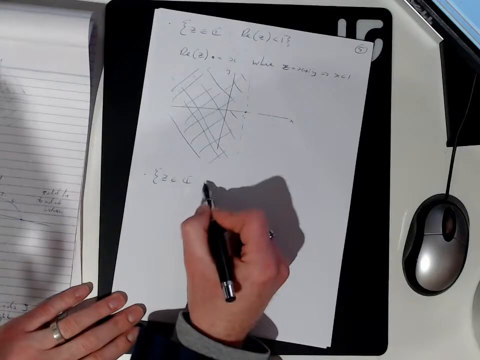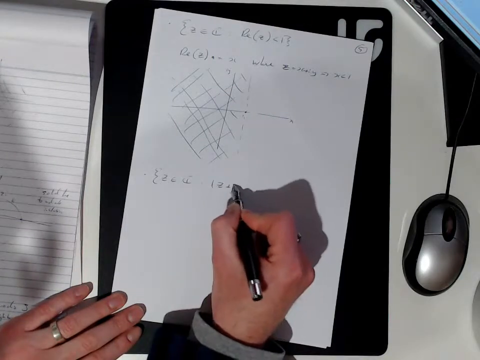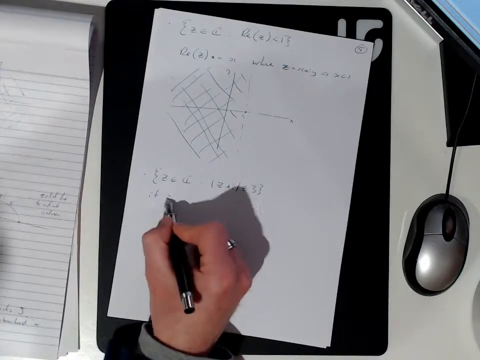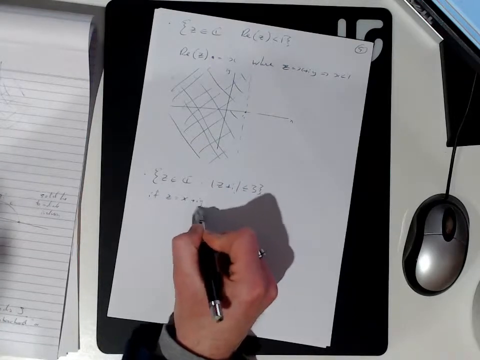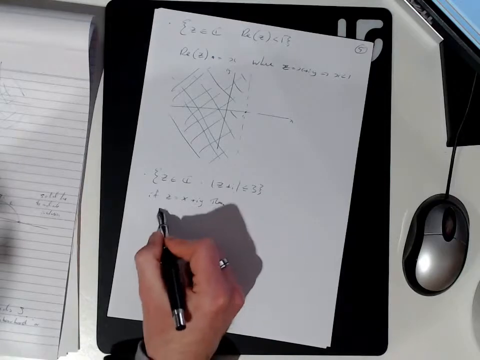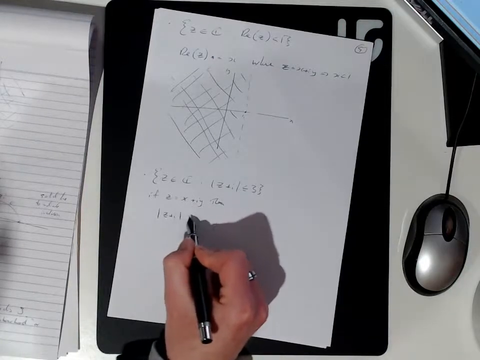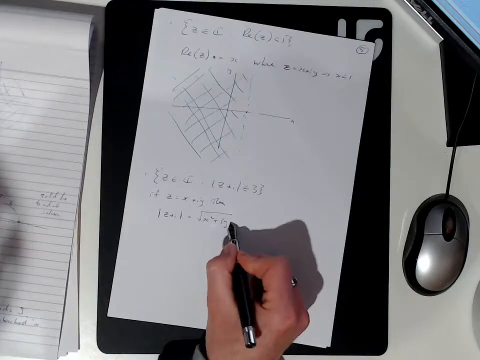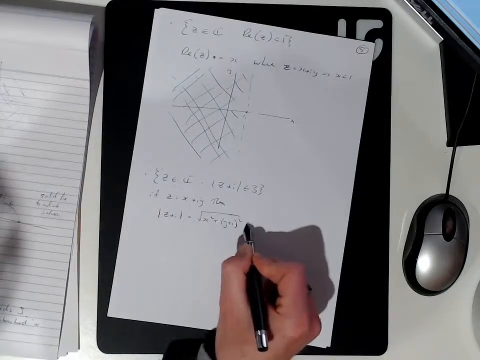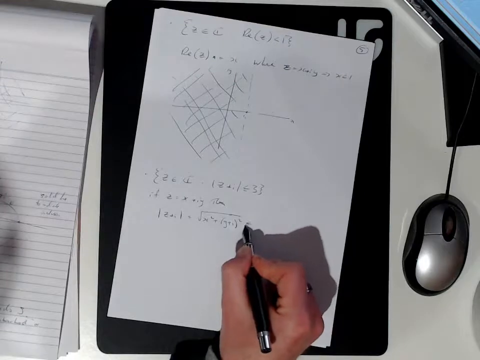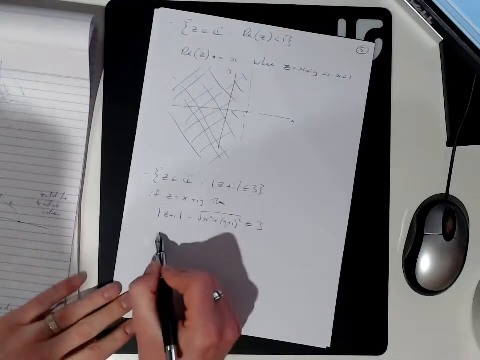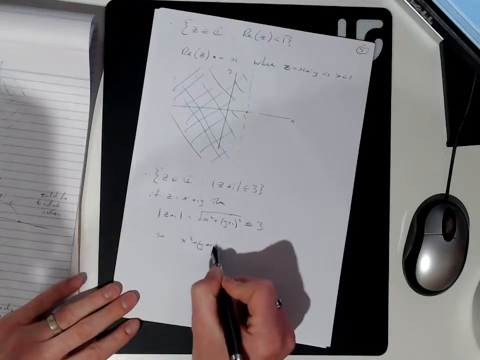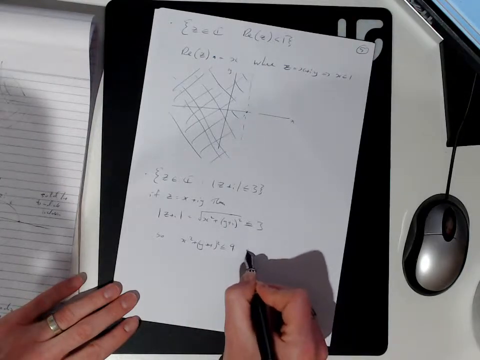Elements of the complex numbers so that the modulus of z plus i is less than or equal to 3. So if z is equal to x plus iy, then the modulus of z plus i is equal to the square root of x squared plus (y plus 1) squared, which is less than or equal to 3. So we have x squared plus (y plus 1) squared is less than or equal to 9.